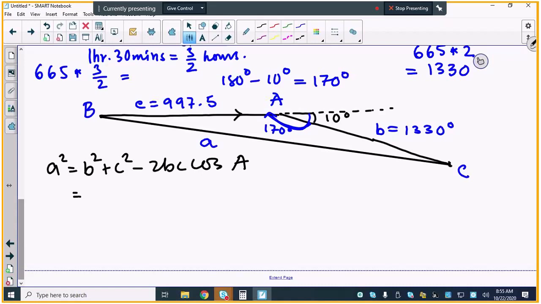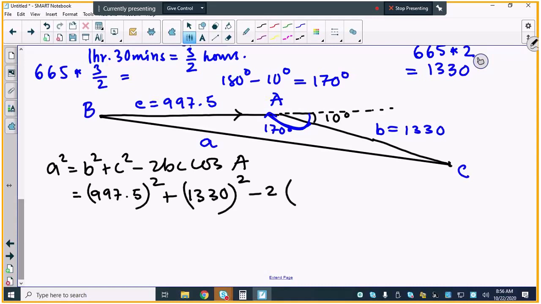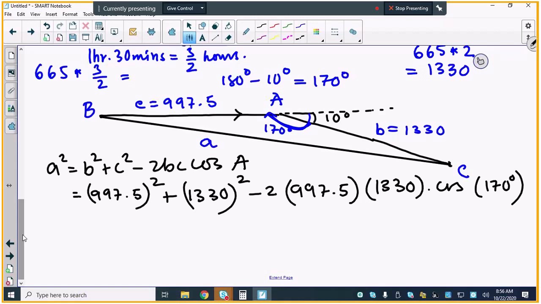So these sides are 997.5 squared. I said degrees there, but that's just 1330 miles square minus 2 times 997.5 times 1330 times cosine of 170 degrees.